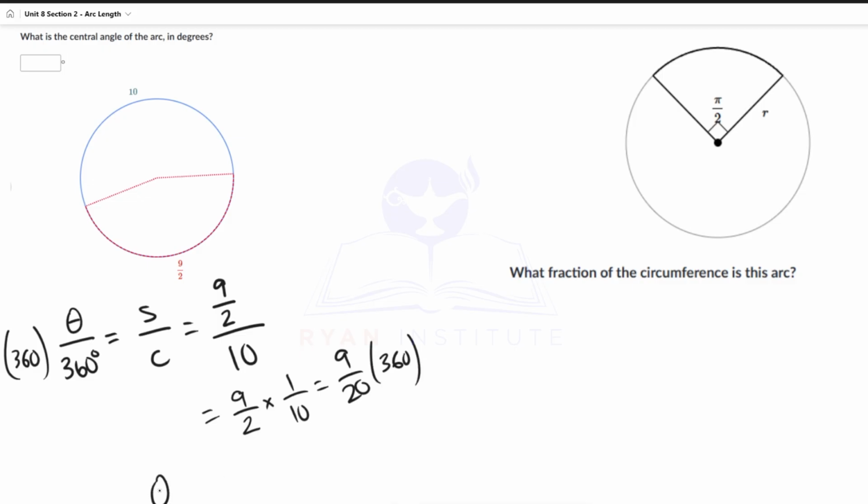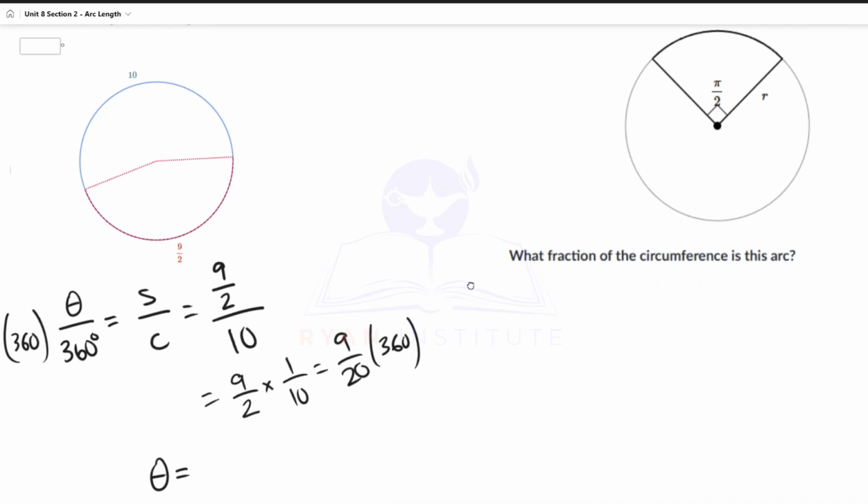So theta is equal to 162 degrees, and that is the angle of this arc length right here.